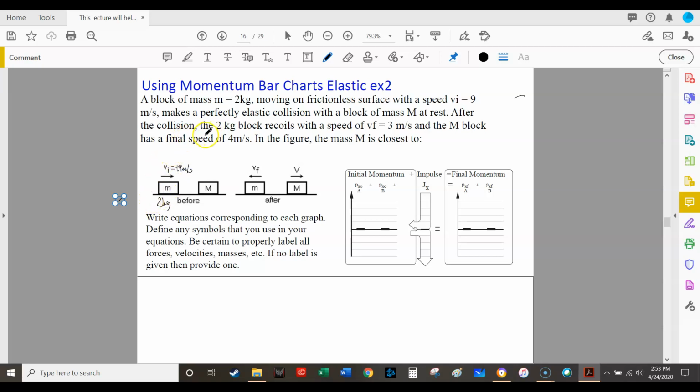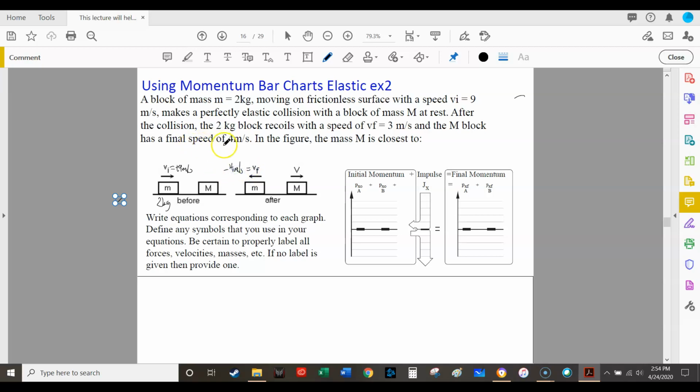It makes a perfect elastic collision with a massive object at rest. A big M object at rest. The 2 kilogram object is going to recoil at negative 4 meters per second.